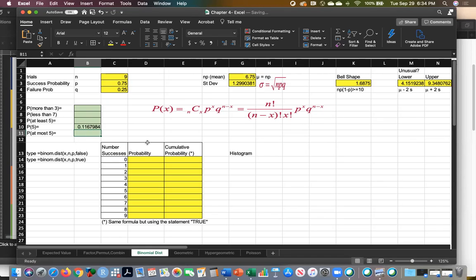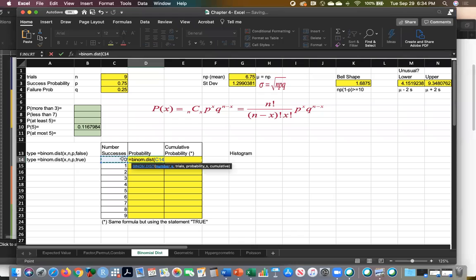So I can do this very easily. I can compute all these probabilities and even graph them, so I will be able to solve these questions. In this case, I'm going to use binom dot dist.